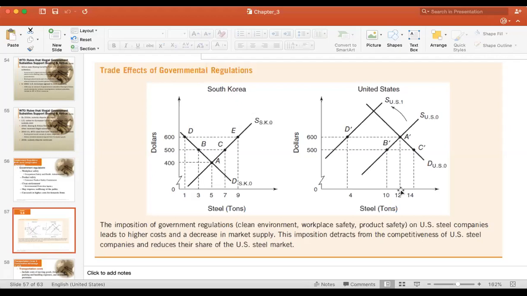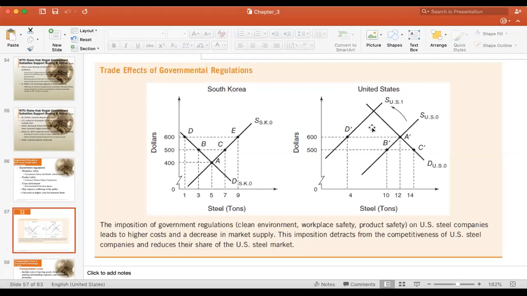At 600. If the price goes down to 500, the demand is telling you now you want to consume 14. So at 600, we're willing to consume 12. But at 600, we're also willing to produce 4. So there is an excess demand of how much?